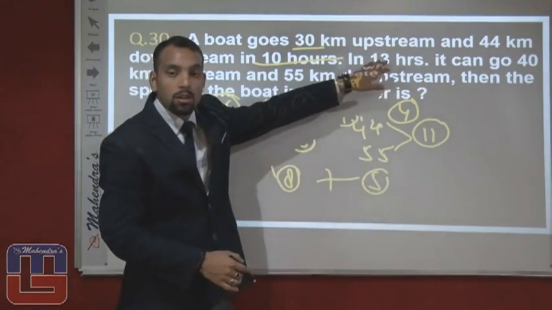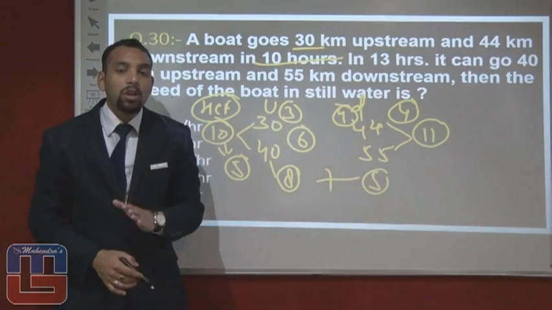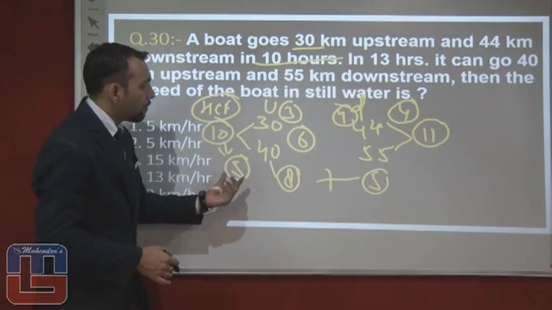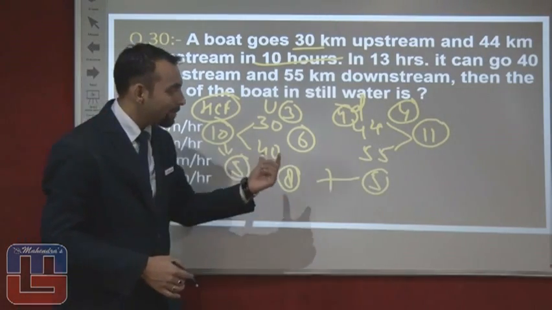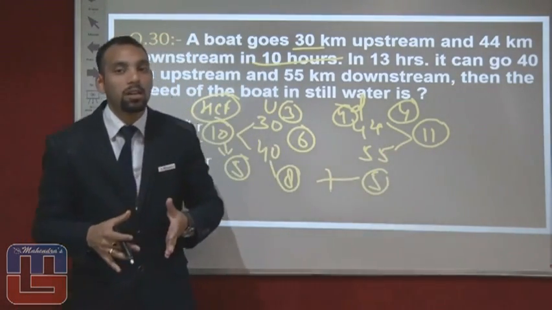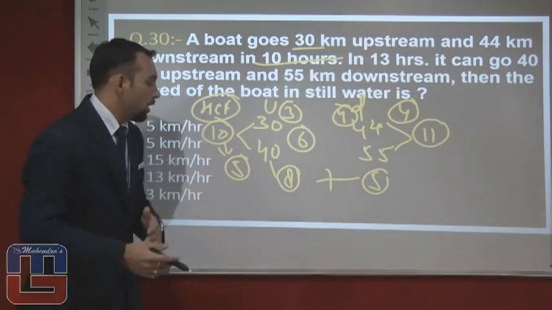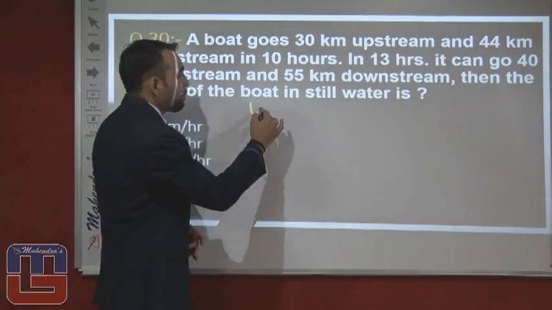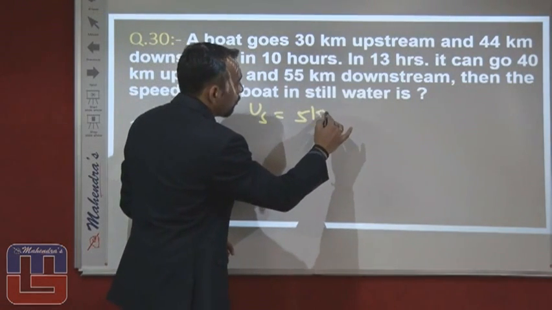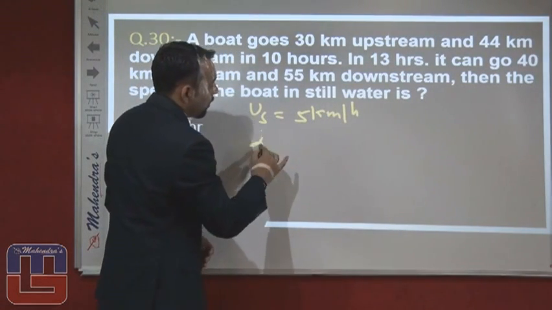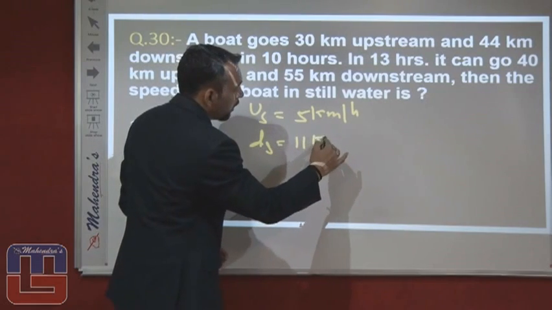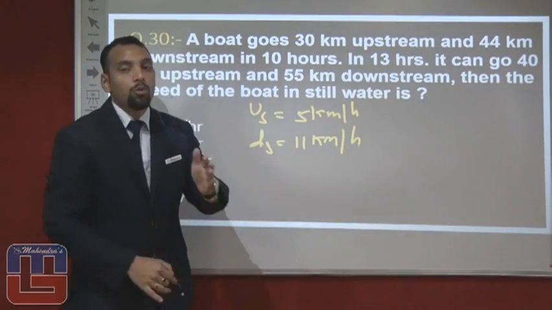The condition is satisfied, which means if we consider the speed of upstream as 5 and the speed of downstream as 11, the conditions are satisfied. So we can say that upstream speed is 5 km per hour and downstream speed is 11 km per hour. Now what do we have to find?